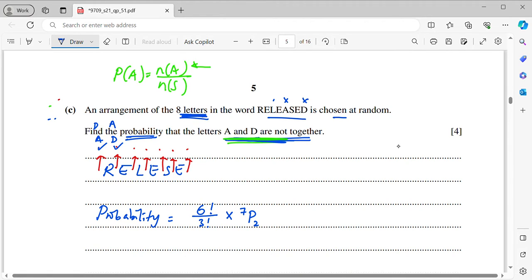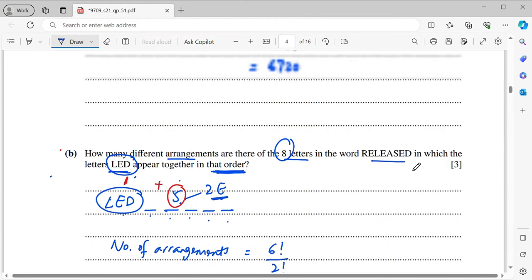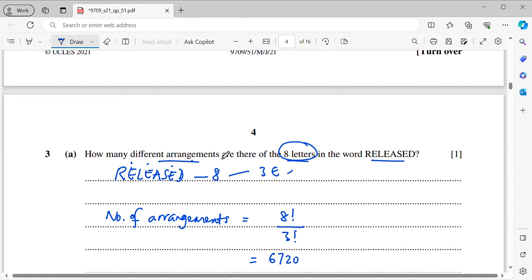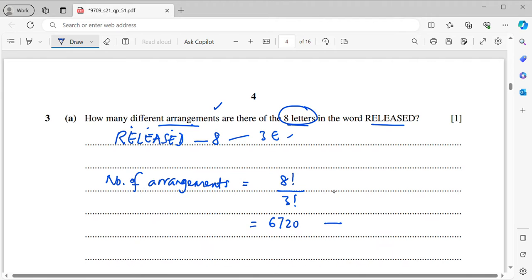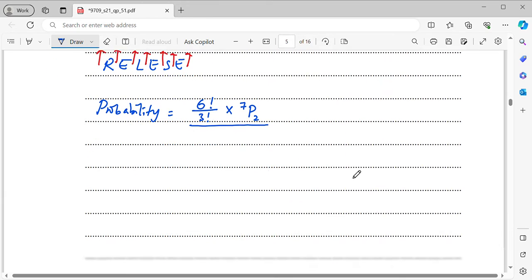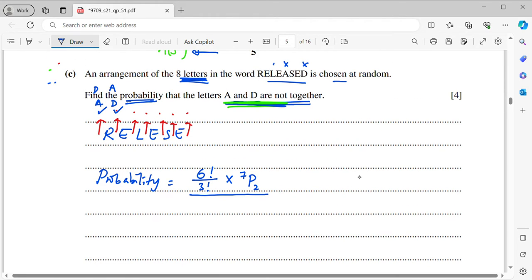Since we are counting probability, don't forget to divide by N(S). N(S) is the number of arrangements without restriction, which is the part A answer. So I will copy 6720 as my denominator in this part C. When you calculate the numerator, it will be 5040.